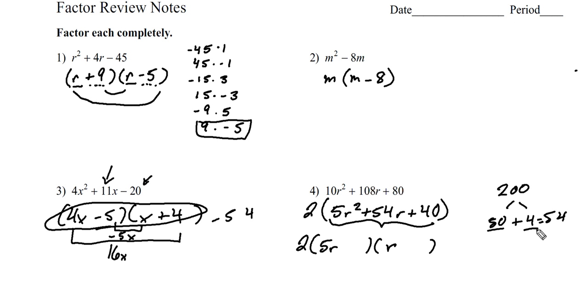So then we take those two numbers, divide them by 5. We get 10 over 1 if we write it as a fraction, 4 over 5 if we write it as a fraction. Put the variable on bottom, go bottoms up, and we get what is in those factors. Not very mathematical there. I mean, we're using math, but not very mathematical, but that's another way that we can find what's inside. Now, it wouldn't have taken us very long if we used guess and check to actually find those binomials. All right, let's move on.